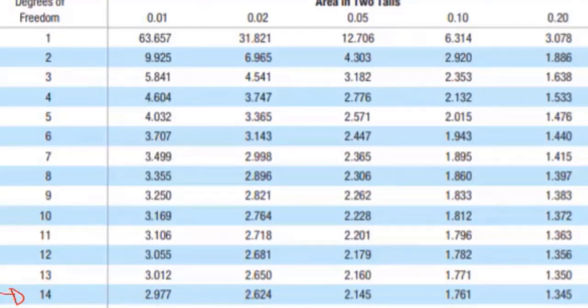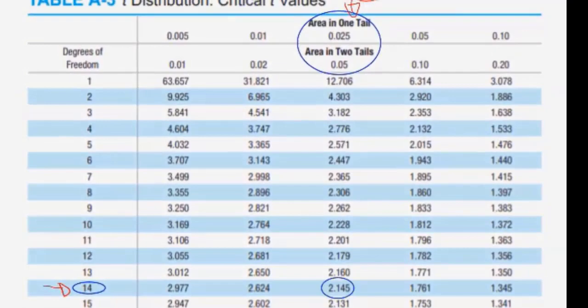So you look at this number, 14. You look at here, area in one tail is 0.025, or in two tails is 0.05. This is your answer, which means what? Plus, minus. There are two of it.